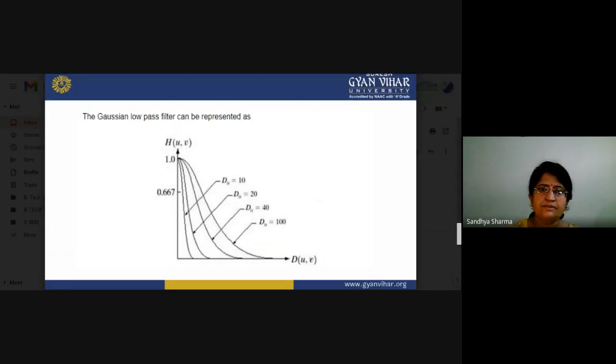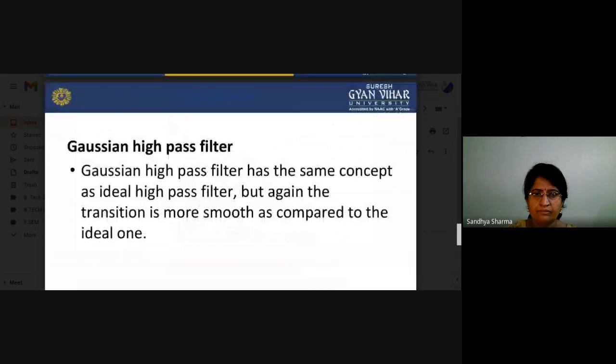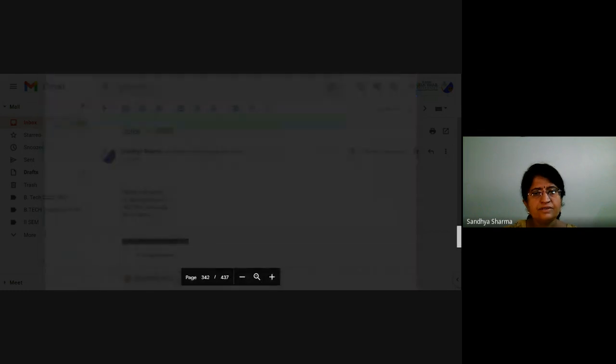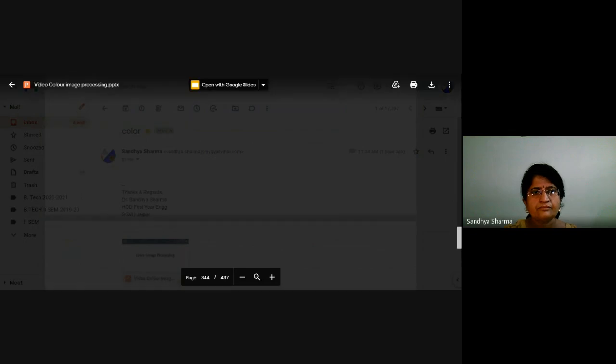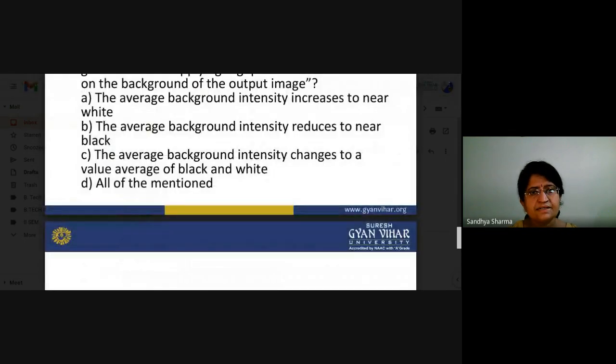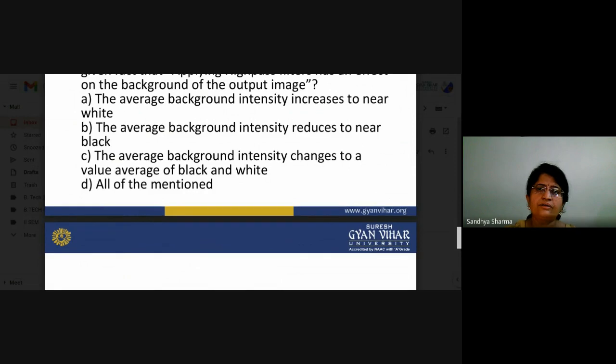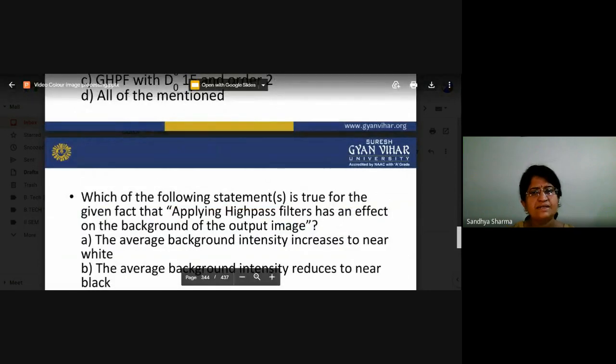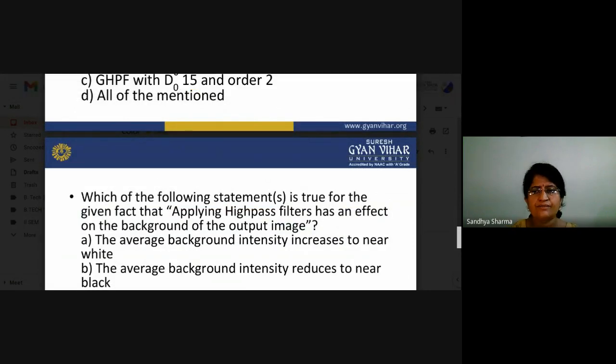What type of filtering. There is the edges part, and we have not completed our high pass filter. Here we have given some objective questions: high pass filter and the effect of background noise.